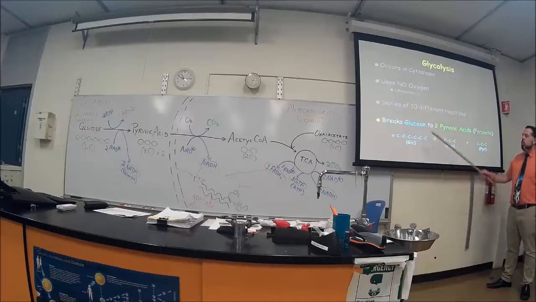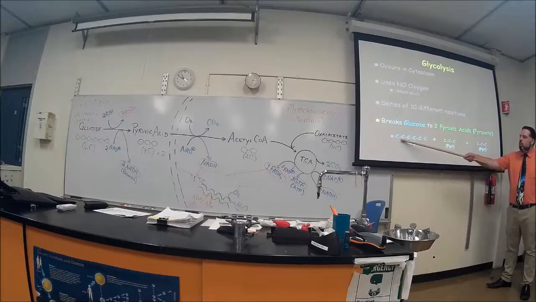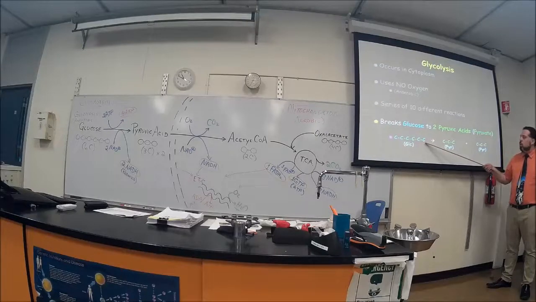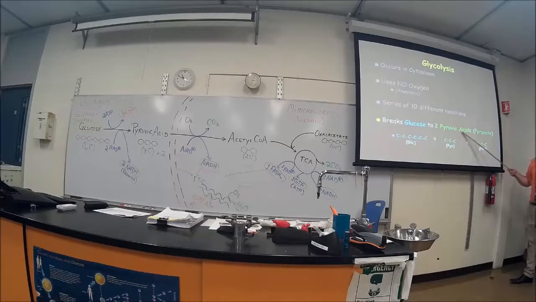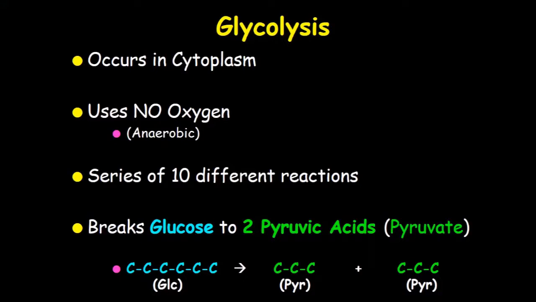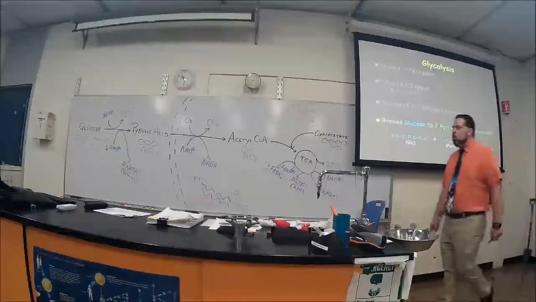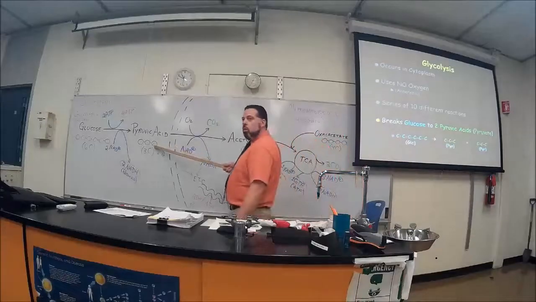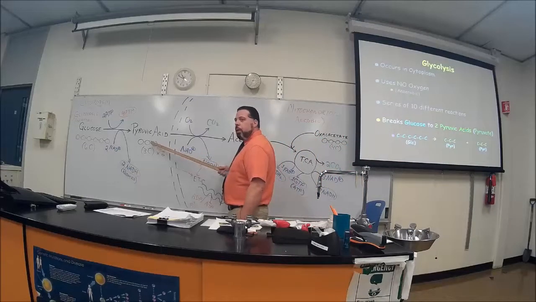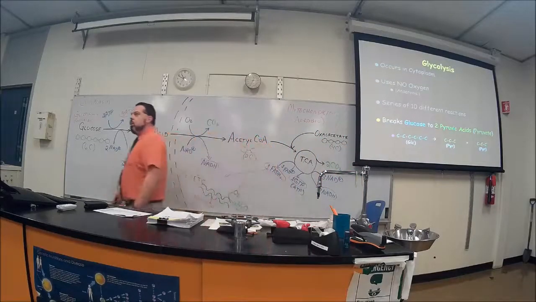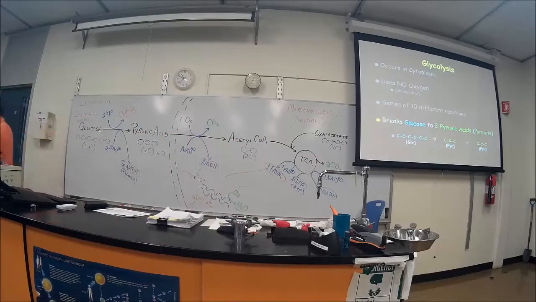The big picture: it takes a glucose molecule, 6 carbons, and turns them into 2 pyruvic acids, or pyruvates. There's one, and there's another. I kind of color-coded it for you. I only showed 1 up here, but we're multiplying by 2. Otherwise, the picture gets really busy. We're following? Right?